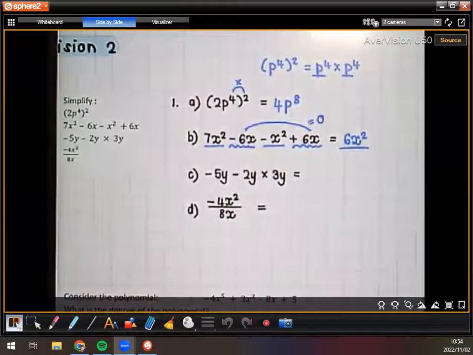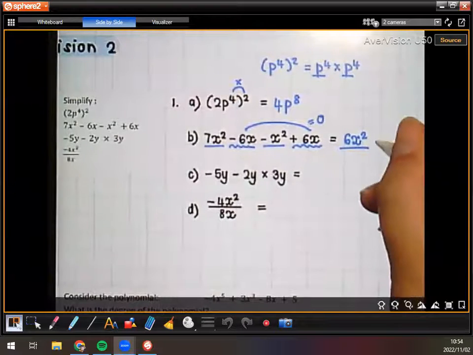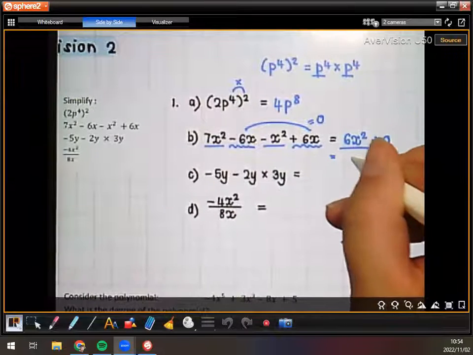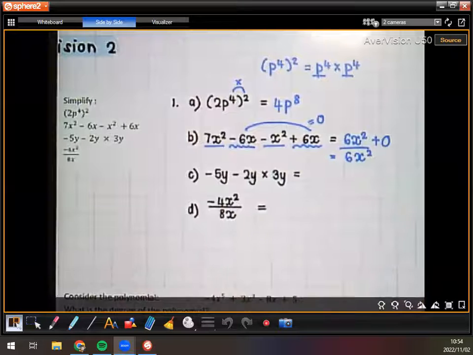You can leave your answer with a plus 0. You can write plus 0 if you want to, but then you have to say as your final answer, plus 6. No, no, that's one of those places where you don't have to say it.